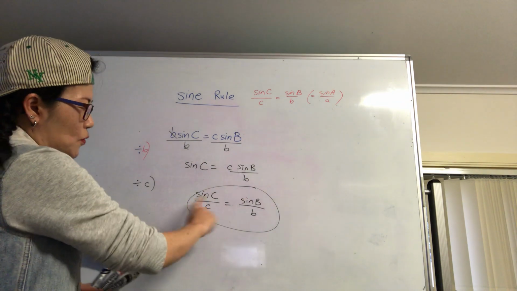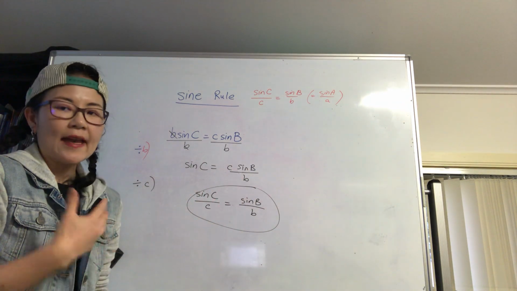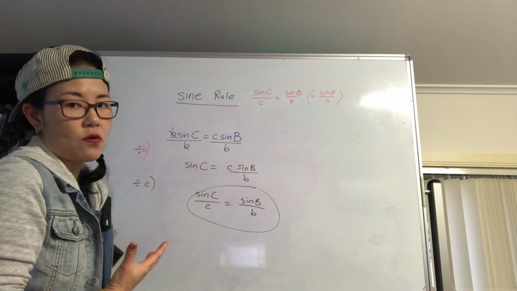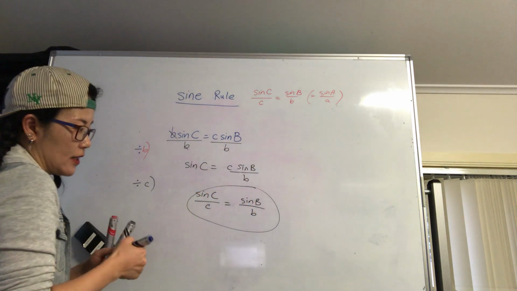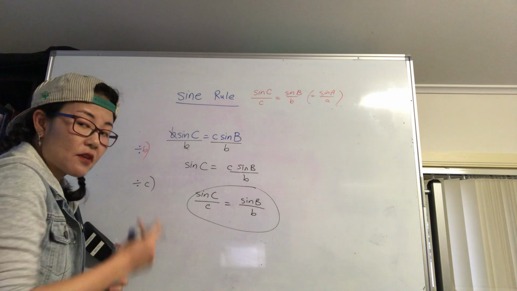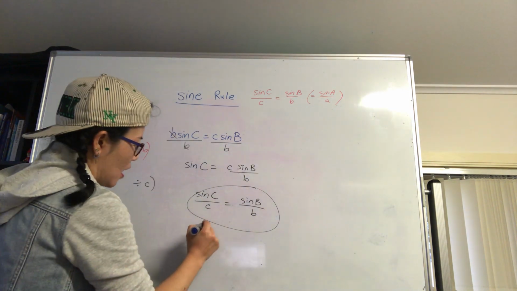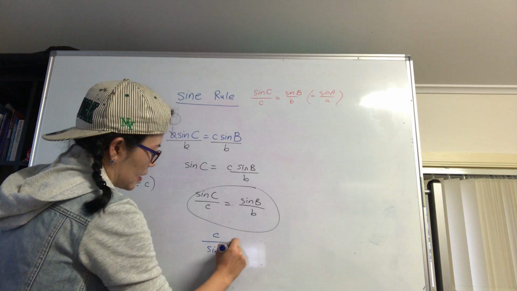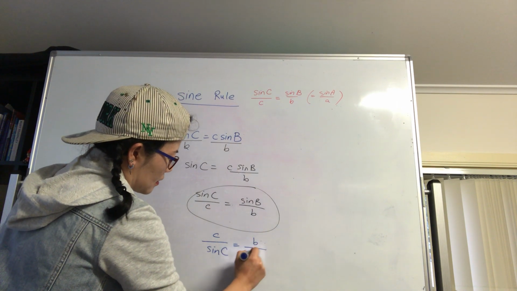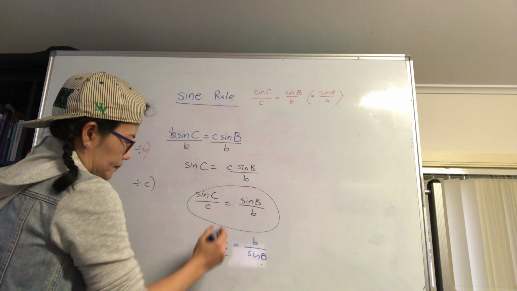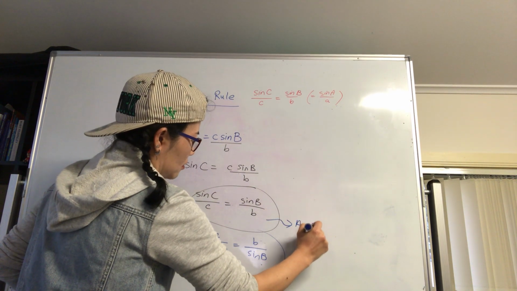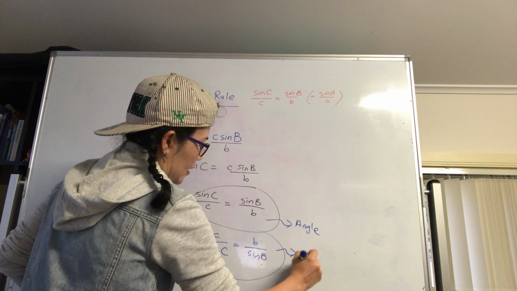Now, this is for looking for an angle. Anything on the top is what we're looking for. If I want to find a side, I will go with C over sine C equals B over sine B. So this formula is for looking for an angle, and this is for a side.